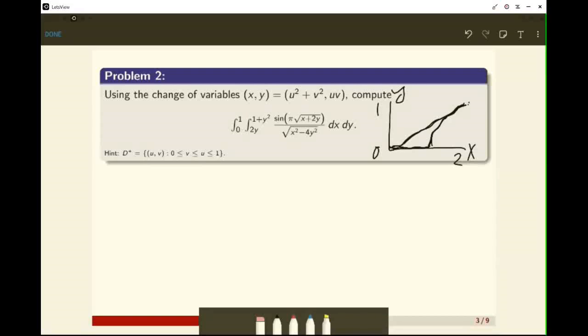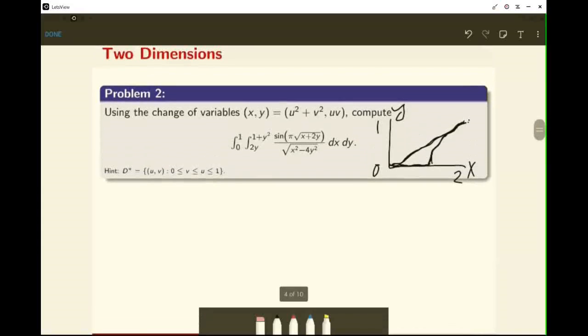We want to think about parameters U and V giving us access to these three boundary curves: the curve y equals 2x, the curve x equals 1 plus y squared, and the curve defined by y equals 0.